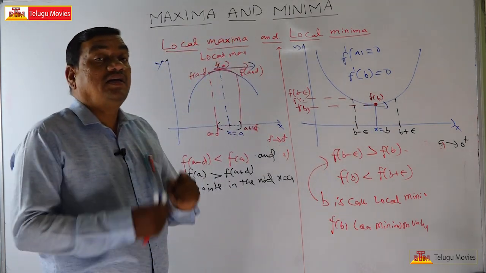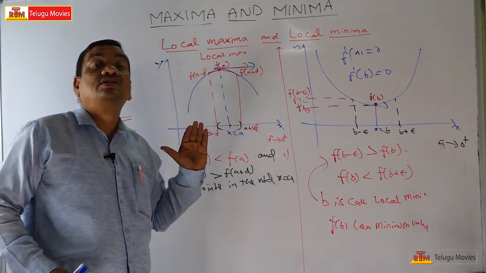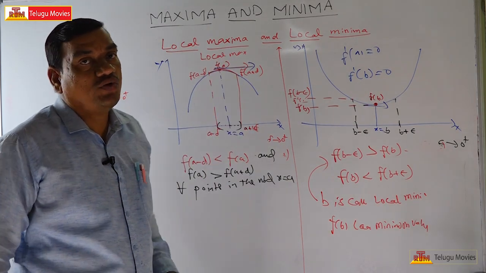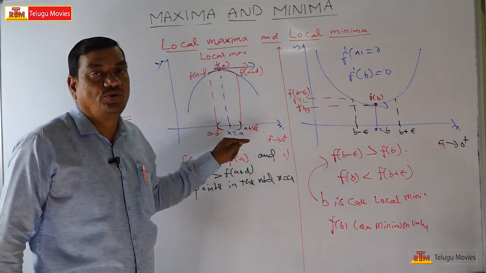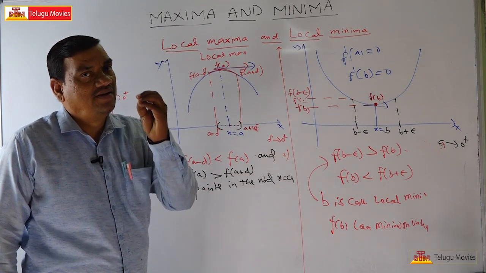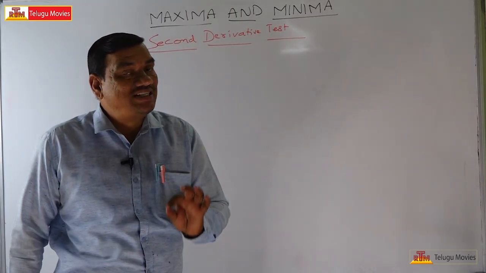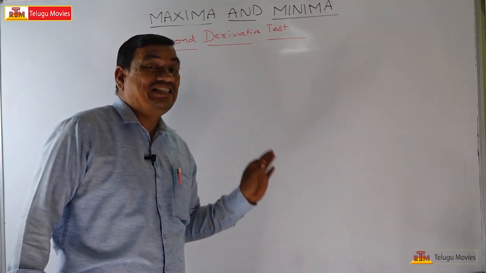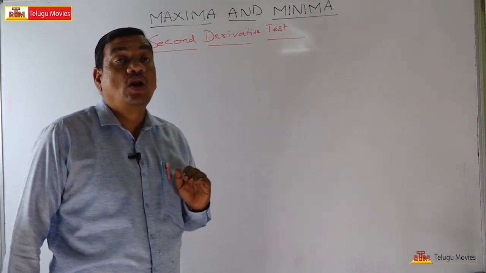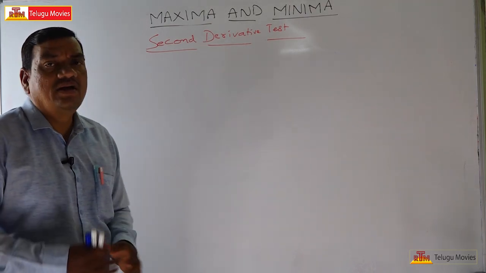But if you want to differentiate clearly which is maximum and which is minimum, we have to take the help of the second derivative of that function at the point x is equal to a. Welcome back to this concept, the second derivative test to decide the point of maxima and the point of minima, at which point the function gets a local maximum and at which point it gets a local minimum. Very important concept.